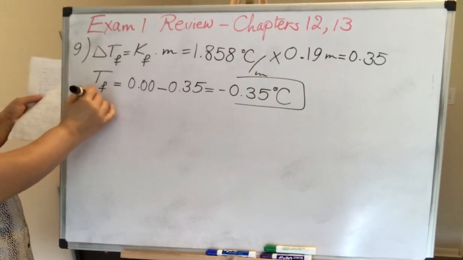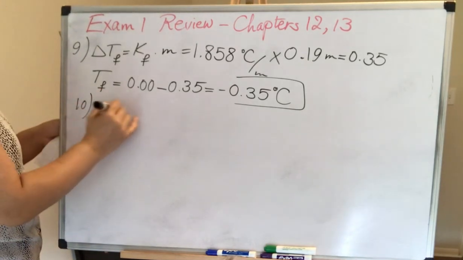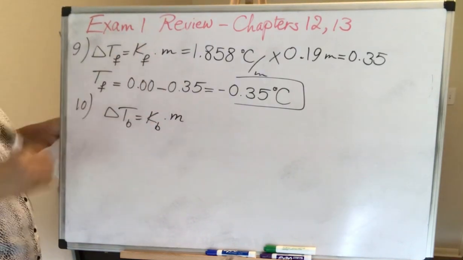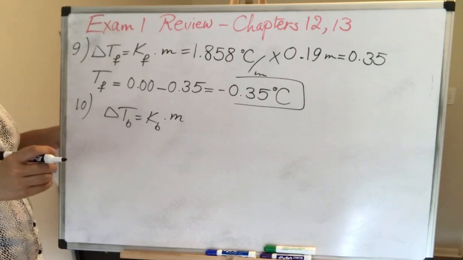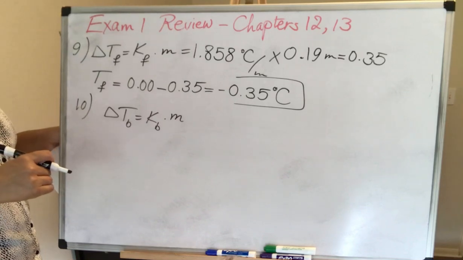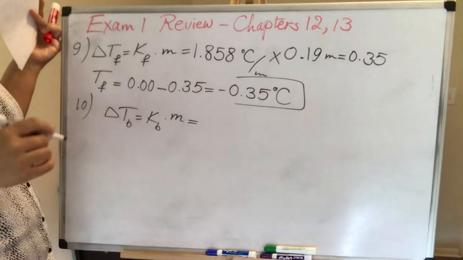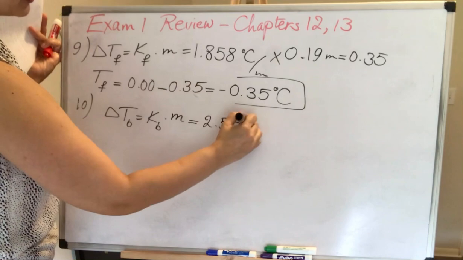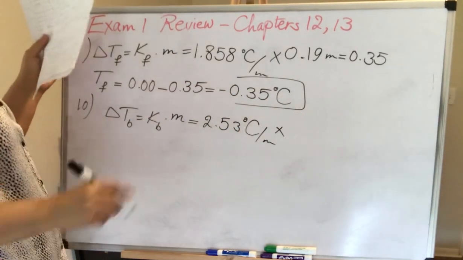Question number 10 is asking for the boiling point change. It's asking for delta TB, which is KB times m, of a solution containing 0.723 moles of naphthalene in 250 grams of liquid benzene. So KB is given as 2.53 degrees Celsius per molal times, let's build the molality.